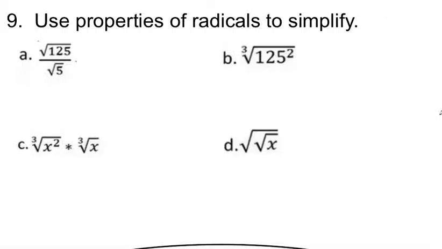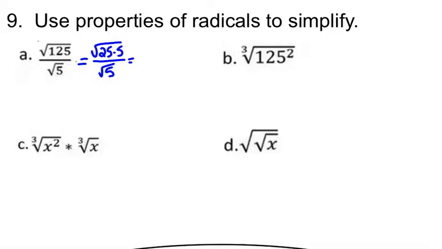So, for example, the square root of 125. Now we know that the square root of 125 is not a perfect square. But you might be able to recognize 125. 125 is the same thing as 25 times 5.